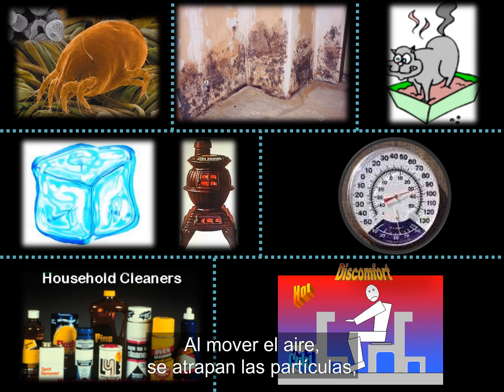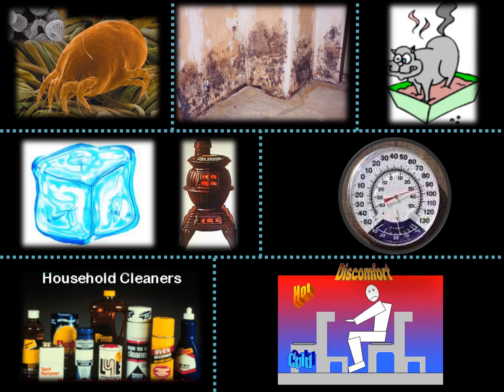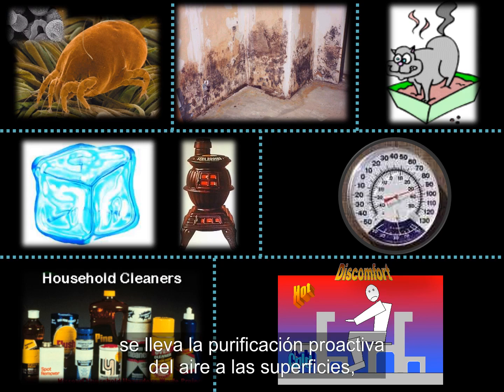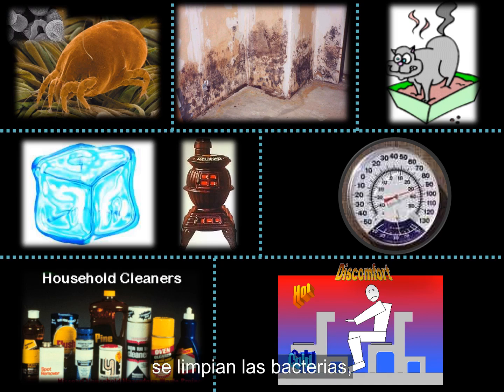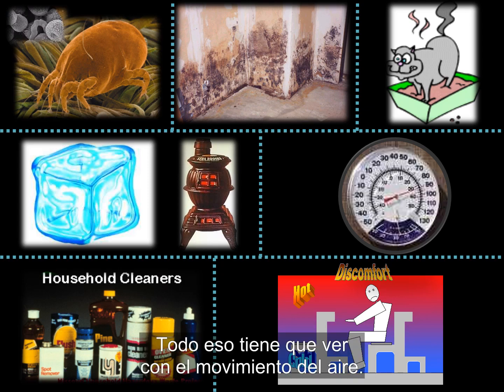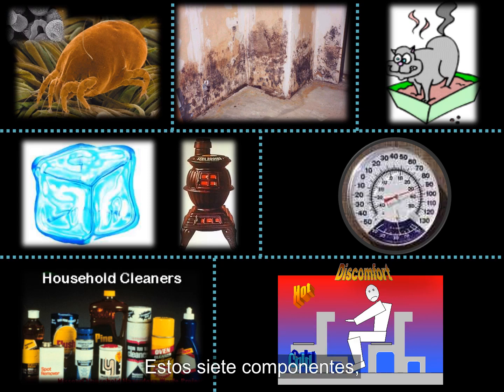By moving the air, you're trapping the particulates, you're taking the proactive air purification to the surfaces, cleaning the bacteria, killing the mold, you're dealing with odors and VOCs. All of that has to do with air movement. So these 7 components, and again, we're talking about particulates, odors, gases, temperature, humidity, and comfort.